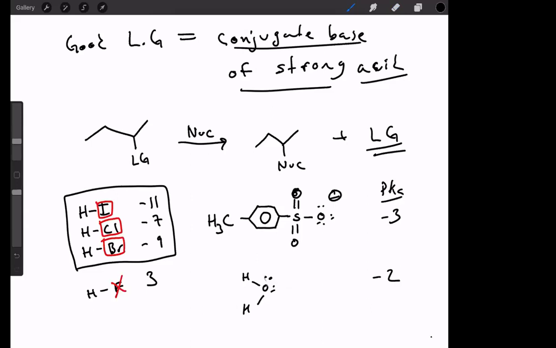We really need to understand that when I think about water itself, its pKa is 15.7. And so what does that mean? That means that hydroxide is not a good leaving group.